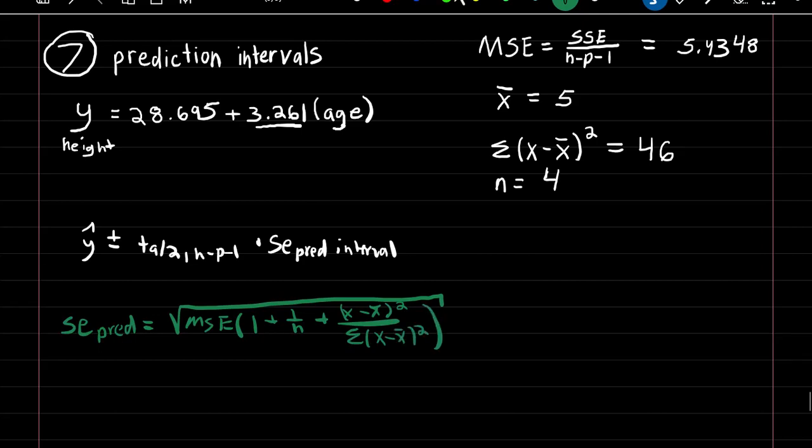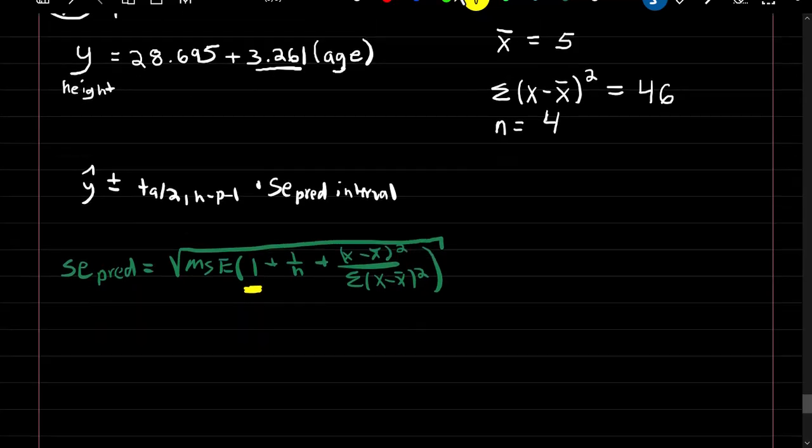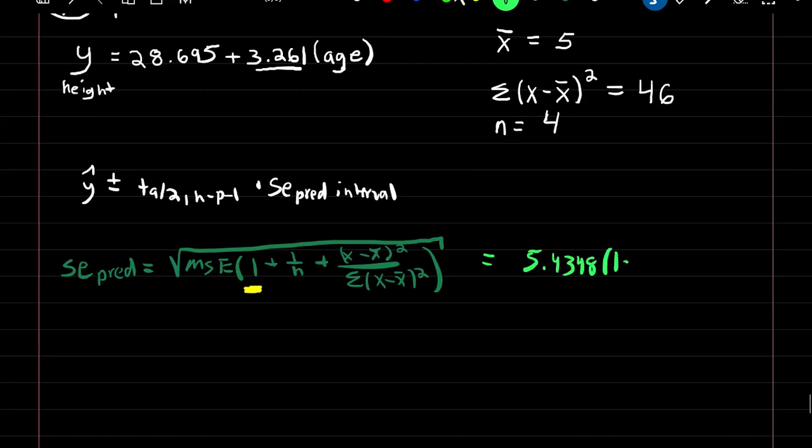So the only difference here from this and the confidence interval is this extra 1 term. So that's another way of saying that the standard error of the prediction interval is just equal to the standard error of the confidence interval plus this 1 mean squared error term. Okay, and solving, so mean squared error, we found to be 5.4348 times 1 plus 1 over 4 plus x minus x bar.